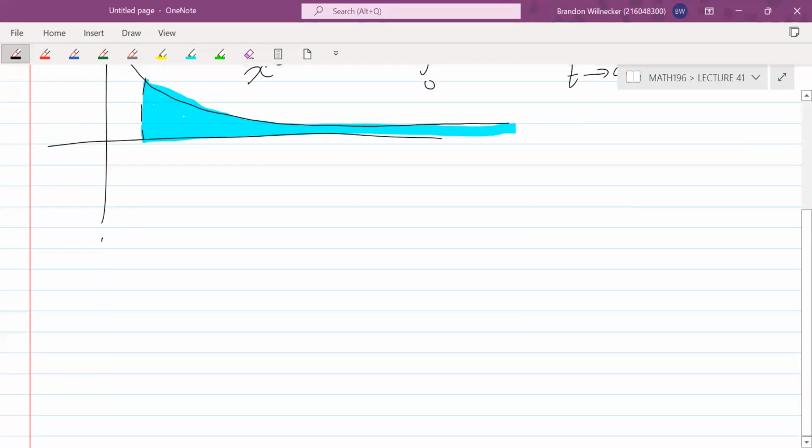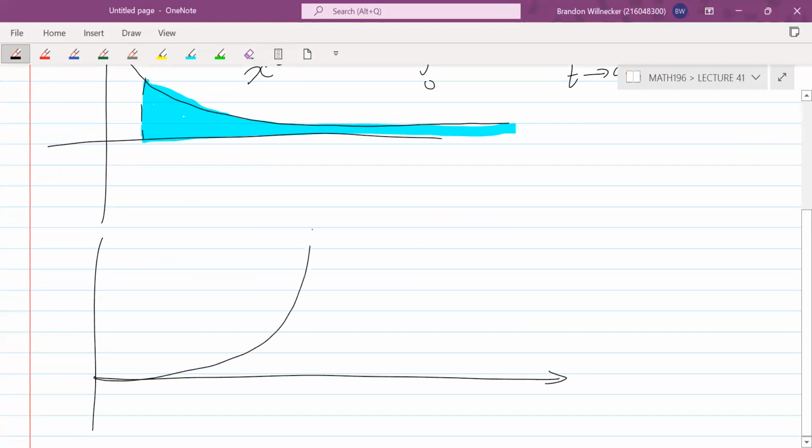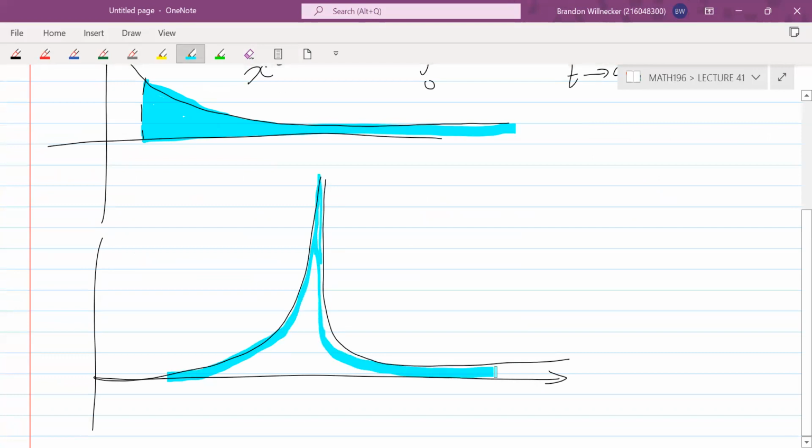And the next kind of improper integral, something like this. So let's say we've got some bad behavior, like a vertical asymptote like this. However, we're still interested in what this area underneath might be. Okay, is it finite or not? So in this case, since we've got this vertical asymptote, we need to split this up at the asymptote.